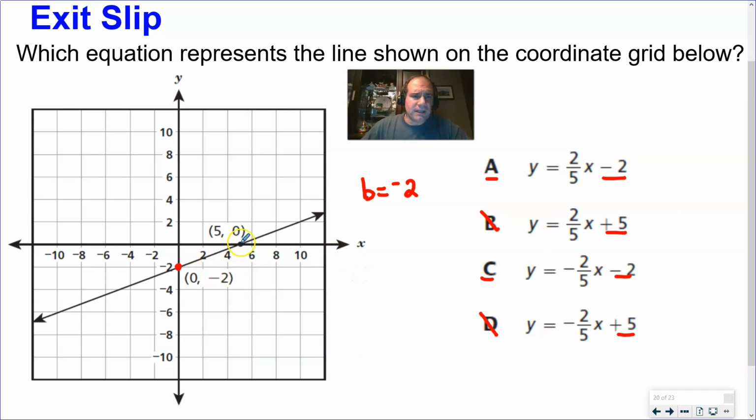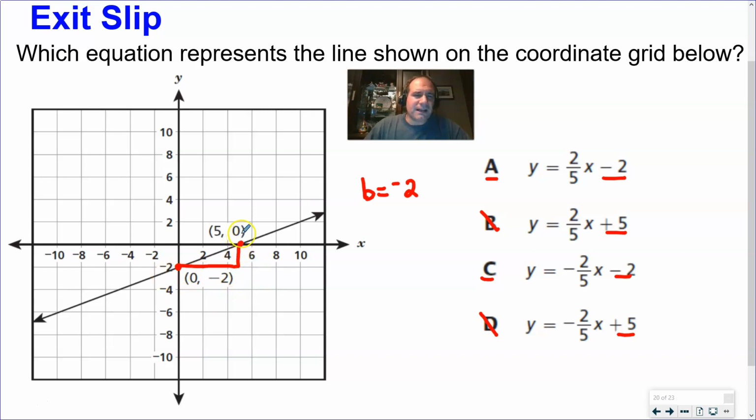Now, do you notice they give you this point right here and this point? I'm going to use those points. But do you see it says 5, 0? Well, I'm going to just go ahead and, whoa, look at that. That's not good. I don't like that. It goes in between.